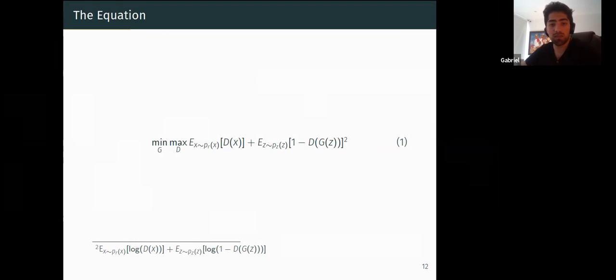The term on the left is just the discriminator trying to classify real data as real, and the right term is the generator trying to minimize the samples the discriminator classifies as fake, and the discriminator is just kind of not letting itself be fooled by the generator. In reality, we use the second expression in the footnote because it provides more numerical stability to the convergence of the distributions in the limit.